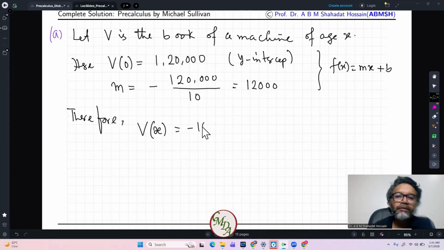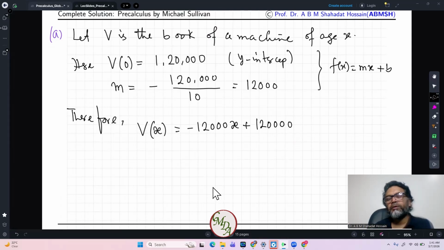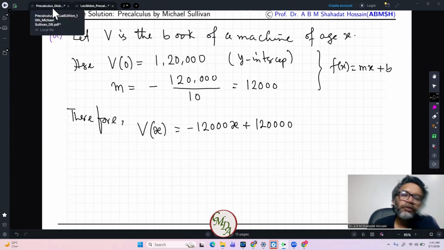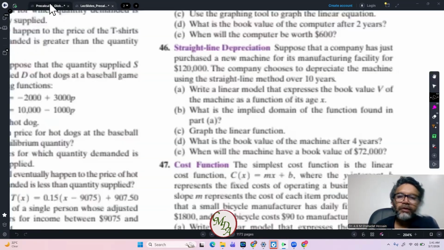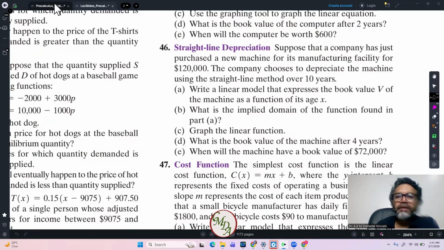So m is minus 1,200, x plus the initial cost $120,000. So this is part one. We found the function for the value of the machine, the linear model V as a function of x.